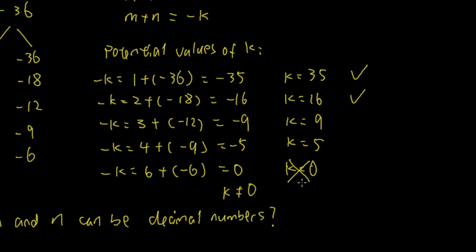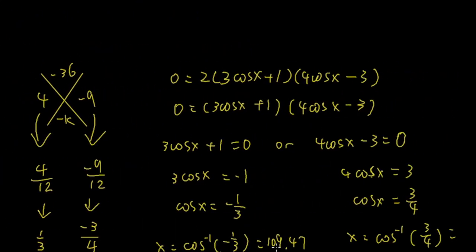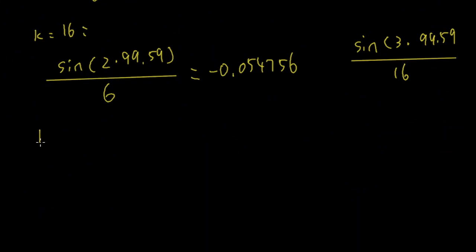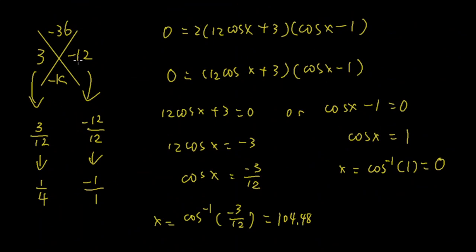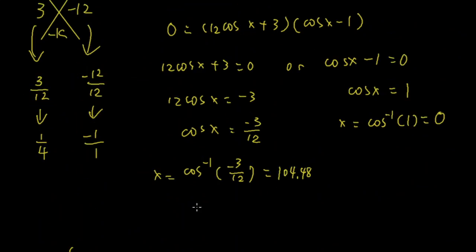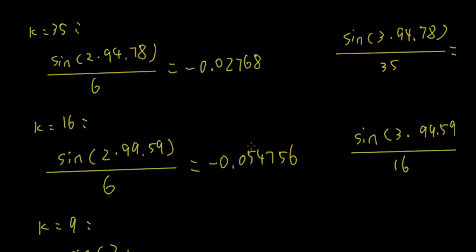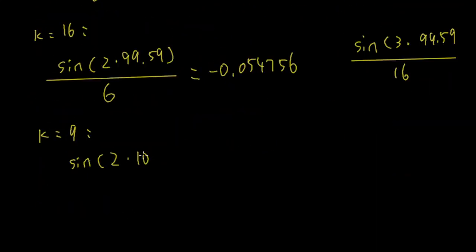Now next, k equals 9. Sine 2x, and x for k equals 9 will be 104.48. So 104.48 divided by 6.